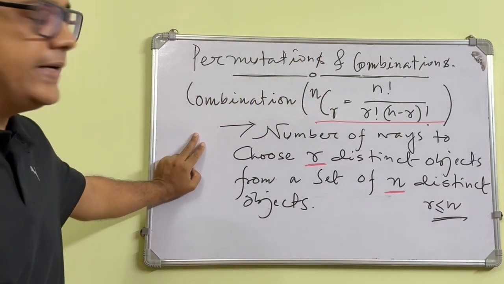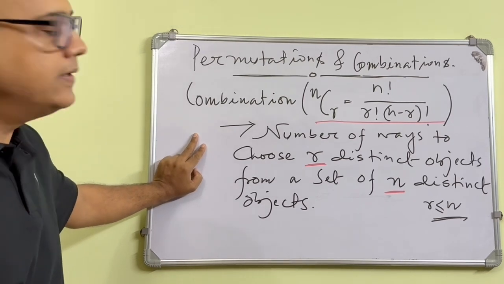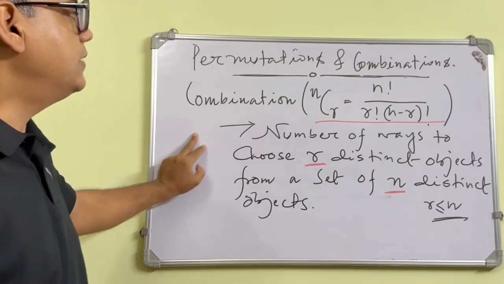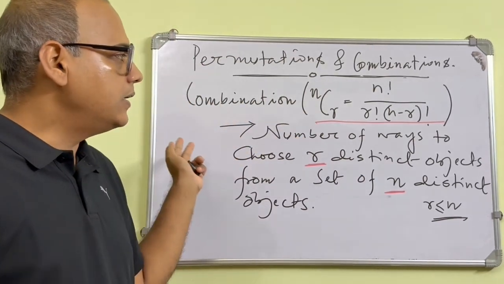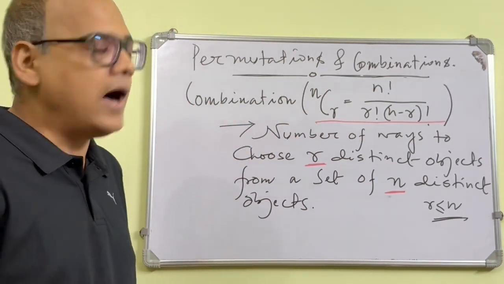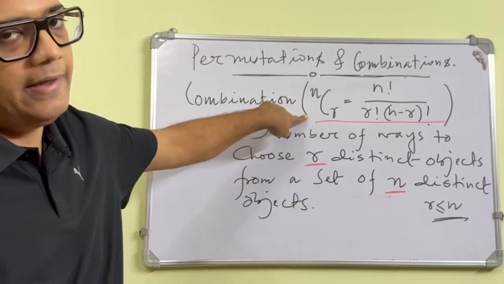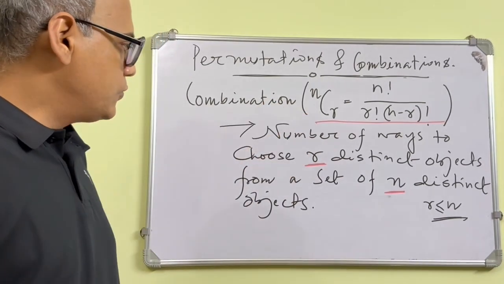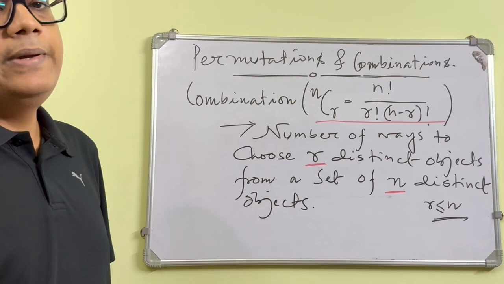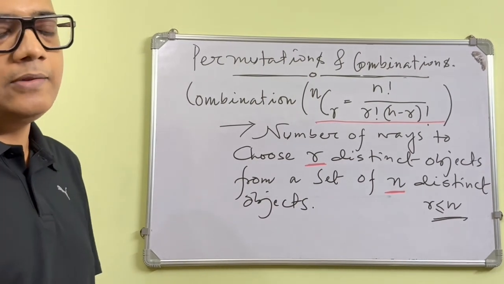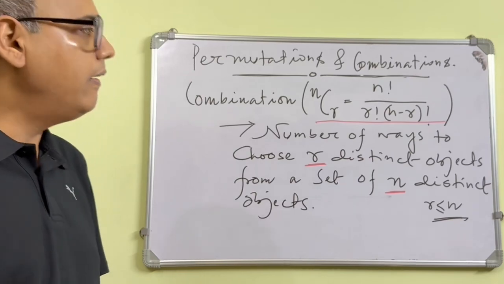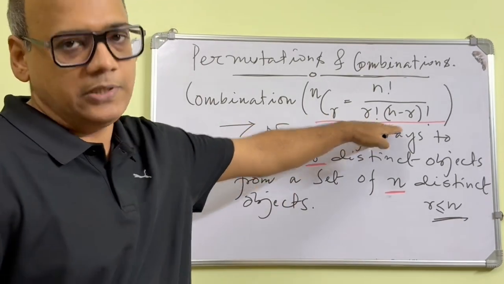So you must be interested in the way we derived the formula of permutation in our previous class. You must be curious to know how we can derive this as well, nCr. So in today's class, we will show you some examples through which we will derive how we came up with this formula.